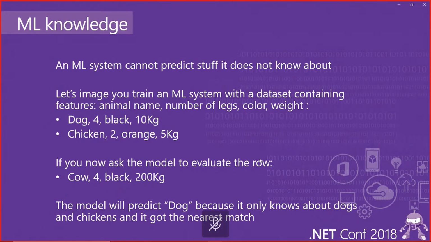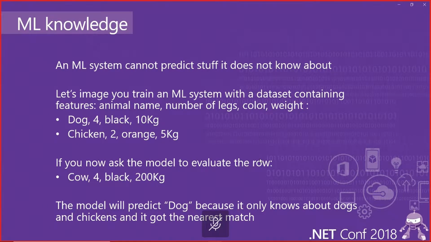One other important thing, related also to the amount of data, is that machine learning cannot predict stuff it doesn't know about. What does that mean? Let's imagine we want to classify animals, and we train our system with just 2 data points, with attributes name, number of legs, color, and weight.